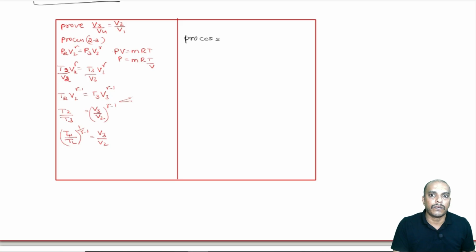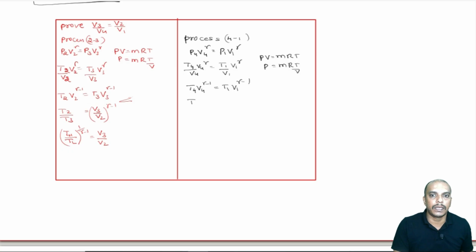Process 4 to 1 we can write P4 V4 power gamma is equal to P1 V1 power gamma. All right. Now I want to eliminate pressure as usual. PV is equal to MRT, so in place of pressure I will use MRT by V. So T4 by V4, V4 power gamma is equal to T1 by V1, V1 power gamma. So T4 V4 power gamma minus 1 is equal to T1 V1 power gamma minus 1.